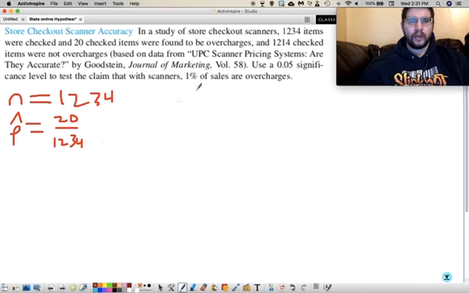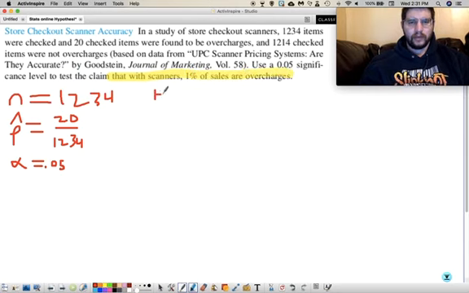Based on this data, using a significance level of 0.05, test the claim that with scanners, 1% of sales are overcharges.